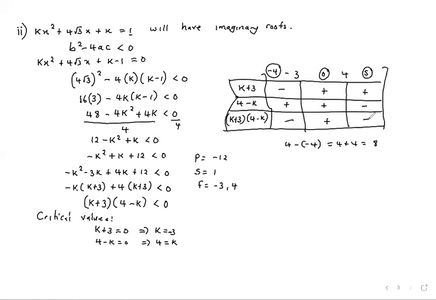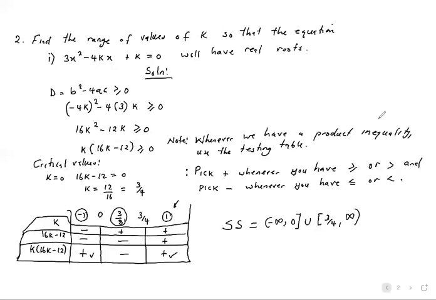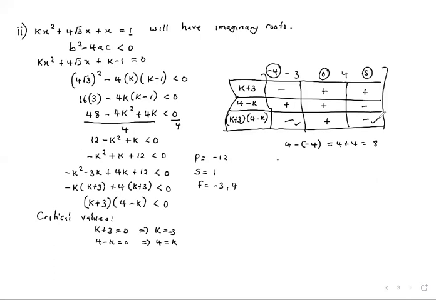Less than 0, so we want where it is negative, since whenever you have less than, you take the negative. So the solution set is negative infinity, comma negative 3, not included, union 4, positive infinity.